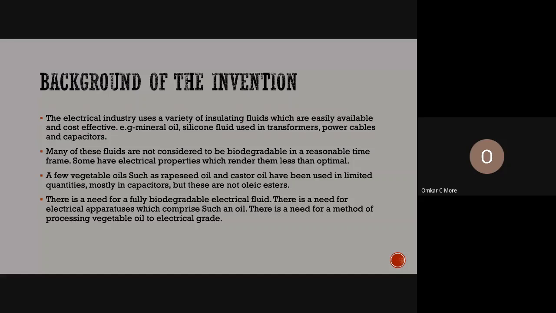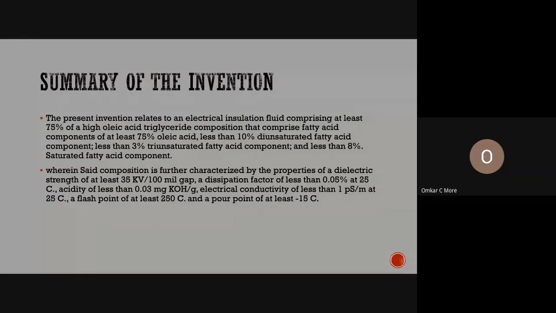So let us jump into the summary of the invention. The summary of an invention comprises the basic elements, or a gist of what the invention is actually about. We cannot present the complete invention here because it has some points that are above our capacity level. Here you can see these are the basic things, which I have told you in the first slide.